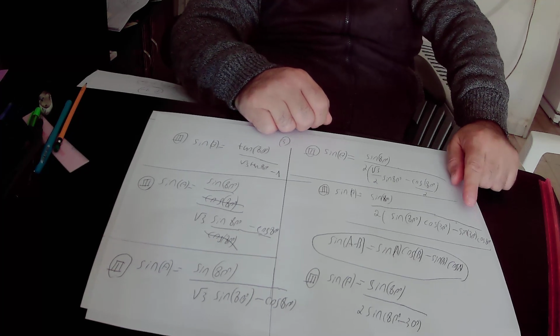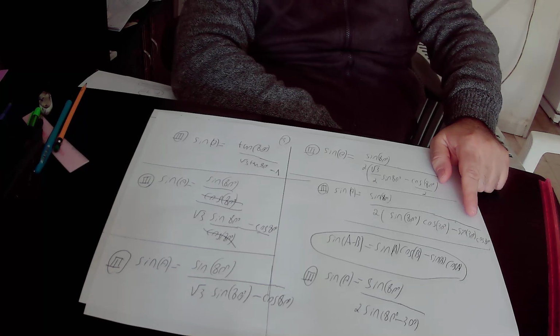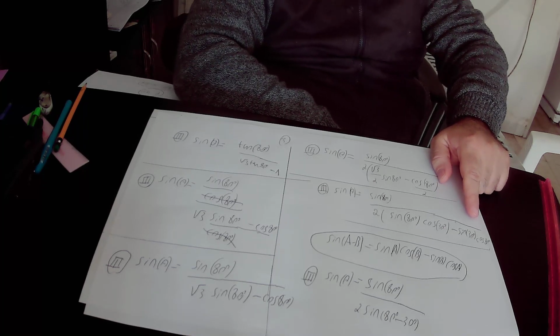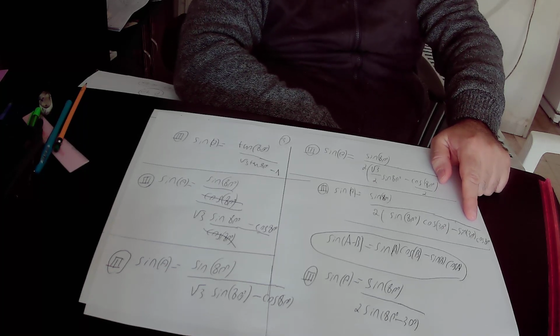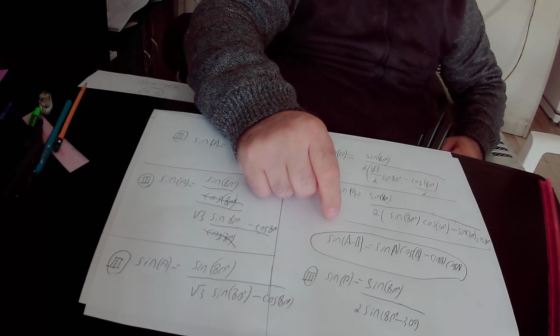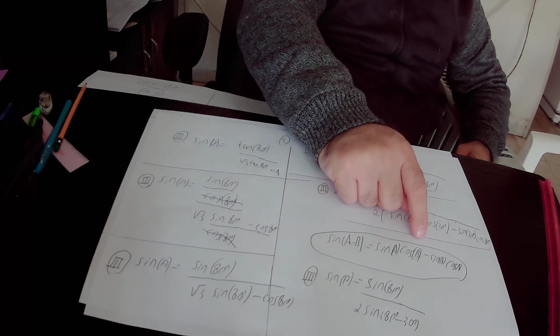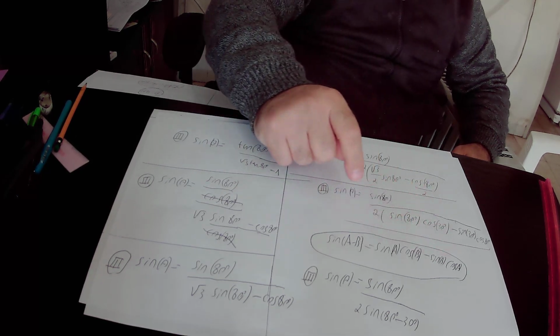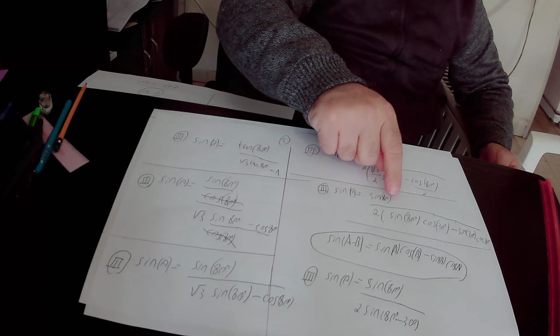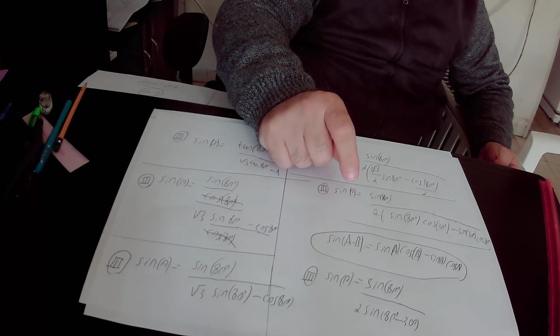The expression that we got, sine 80 degrees times cosine 30 degrees minus sine 30 degrees times cosine 80 degrees, is similar to the trigonometric identity that states that sine(A minus B) equals sine A cosine B minus sine B cosine A. So we can substitute our expression by sine(A minus B).